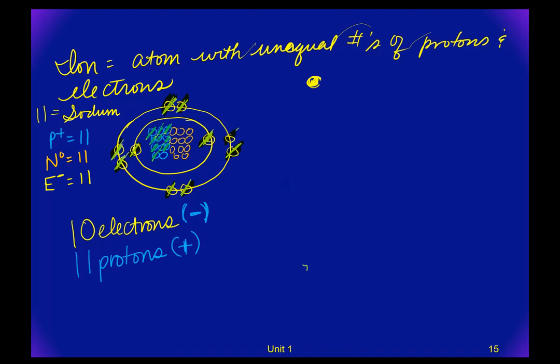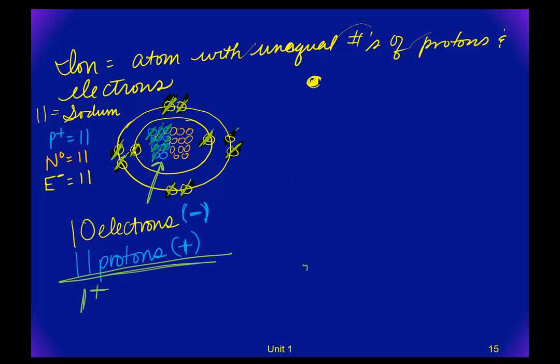Notice that I am completely out of electrons, but I still have 1 extra proton. I've got 11 protons and 10 electrons, so I've got an extra positive.